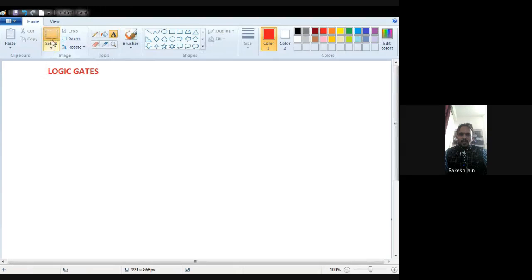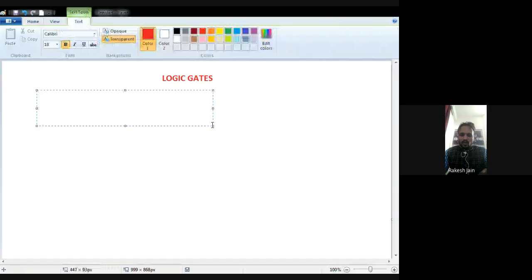In digital electronics, we can perform all of these kinds of applications with the help of logic gates, because each logic gate performs a unique function, right? So first of all, how many types of logic gates are there? Which logic gates are known as universal logic gates?